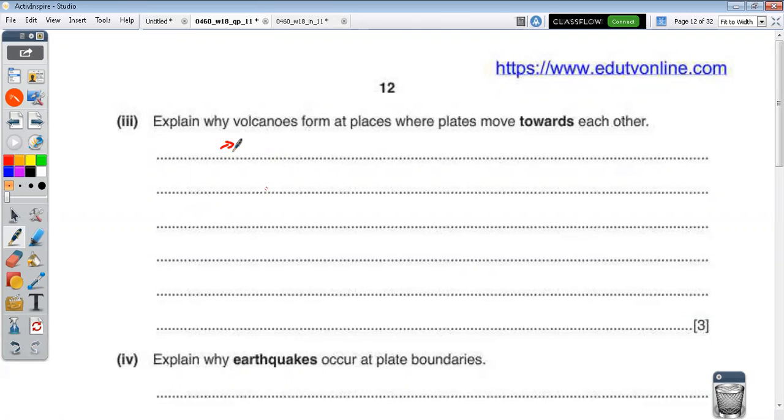So you can write that when plates move towards each other, one plate sinks below the other plate. Clear? That's number one. Sinks under the other plate.